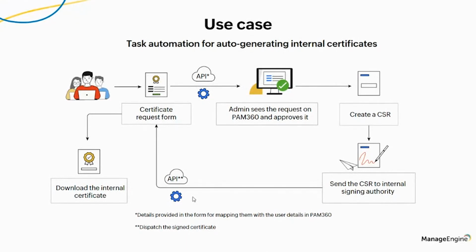You are manually creating a certificate request, then you get it signed from your CA, and then you download it. Probably you're sending it through email, or you put it in a shared drive and ask the team to grab the certificate from the shared folder. These are the conventional methods that people are using for dealing with certificate requests.